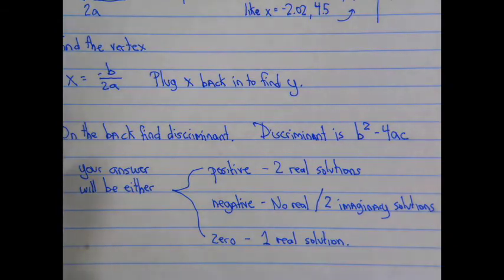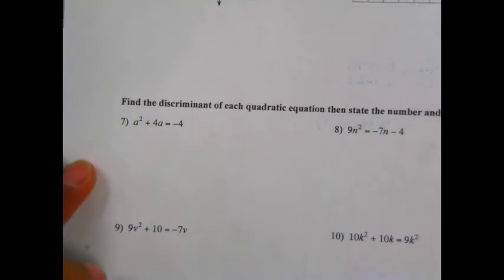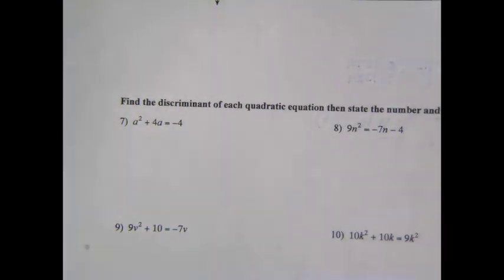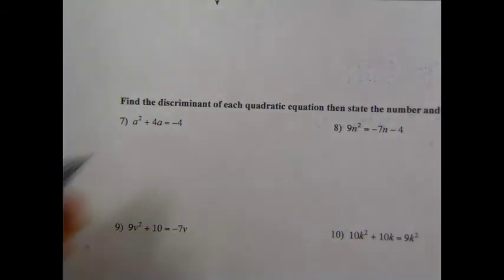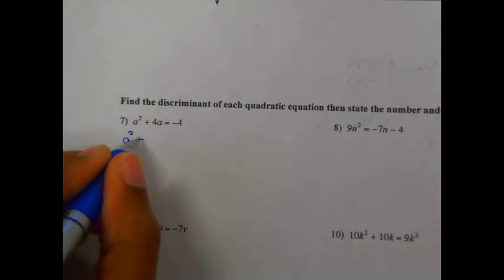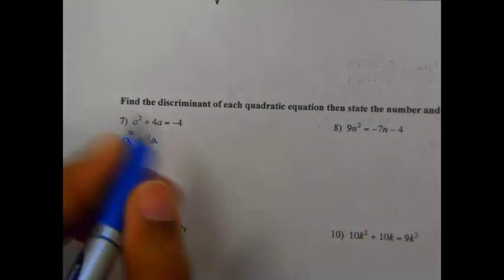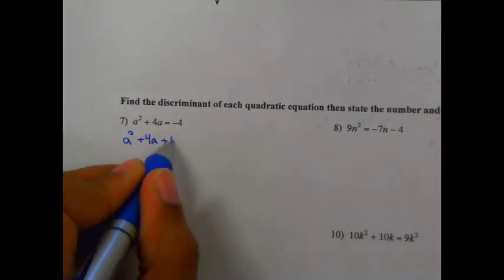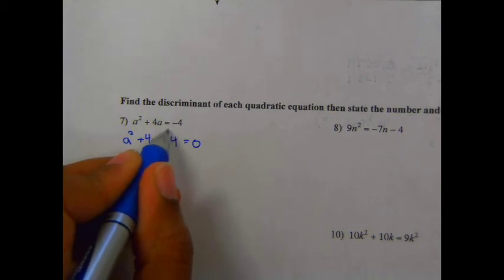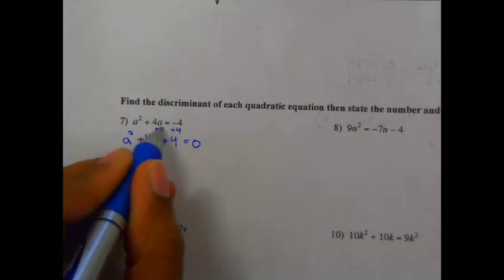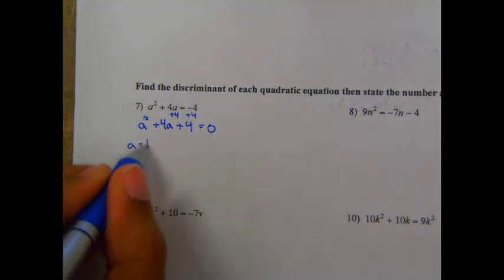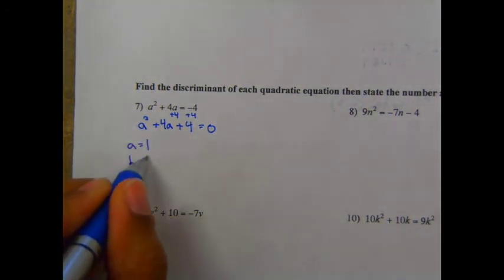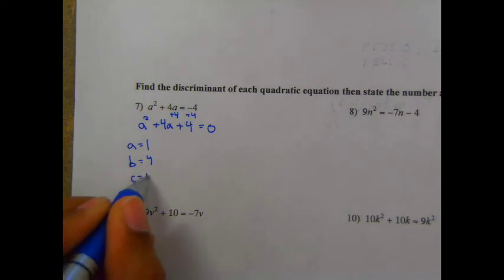So let's look at the back of this paper and see if we can find the discriminant for this first one. First of all, this is not in standard form, so I cannot just look at it and see the a, b, and c. I need to make it equal to 0. I'm going to move the 4 over to the other side by adding 4, so it equals 0. Now I can see that the a value is 1, the b value is 4, and the c value is also 4.